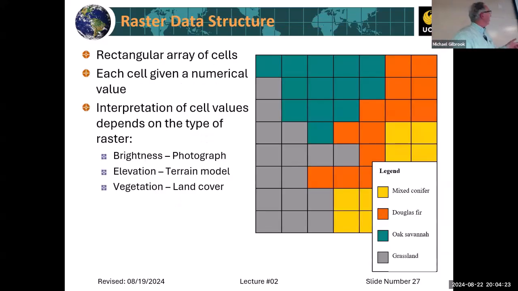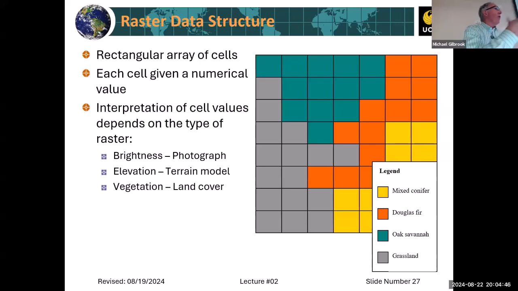Rasters, as I mentioned earlier, are a rectangular array of cells. Each cell is given a numeric value, and what that numeric value means is up to you, the human being. It depends on how you are assigning those numbers to mean something. If what they mean is how bright is that spot, that's a photograph, okay?